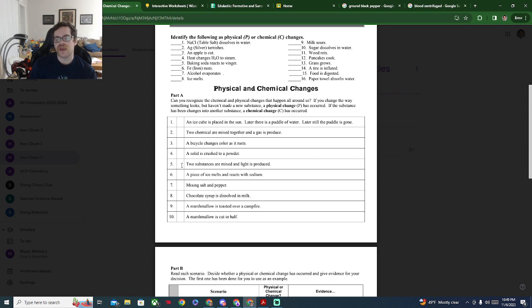Marshmallow toasted over a campfire. As it toasts, it changes its physical properties, right? The color turns brown as it goldens, and it gets a slightly tougher, hardened surface. But if you cut a marshmallow in half, well, that's just physical.